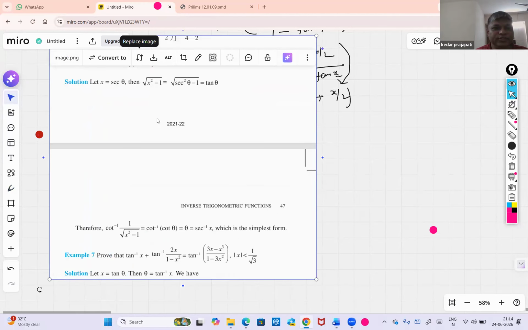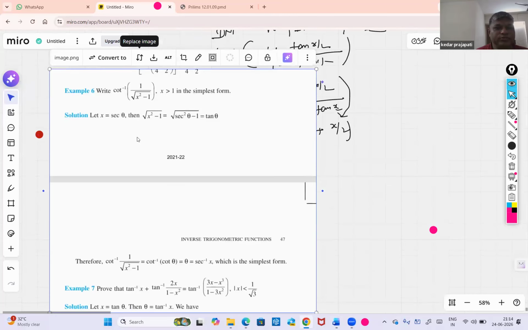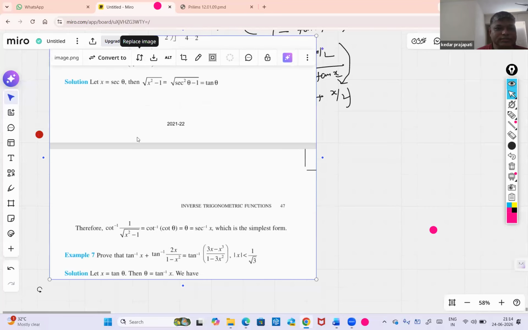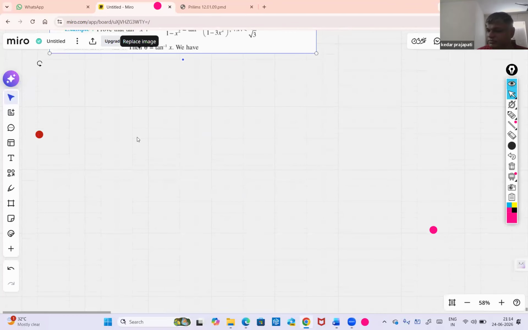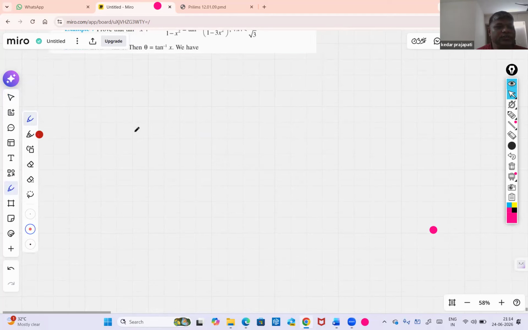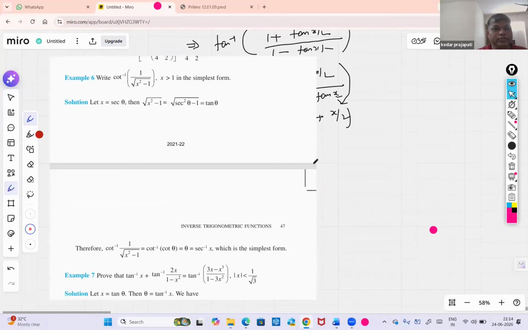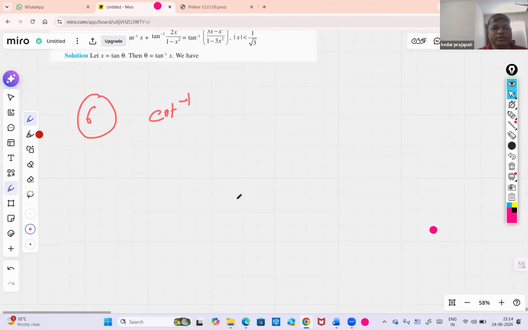Don't see the answer first. Cot inverse of 1 by root over x square minus 1. Question 6: cot inverse, what is 1 by root over.